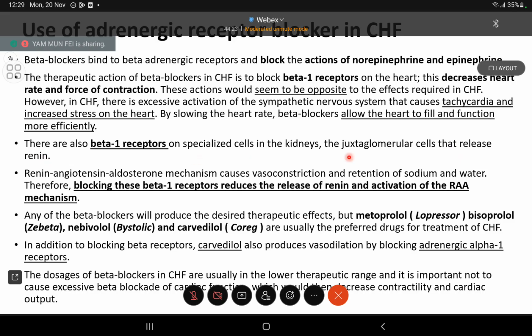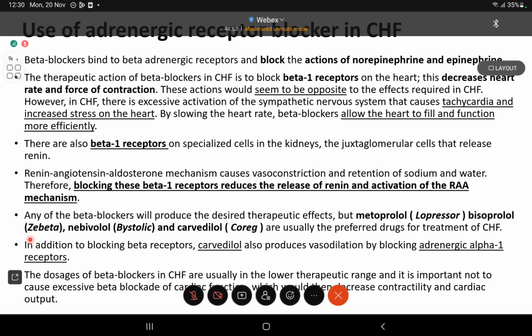So if you are able to block the beta receptor found in the juxtaglomerular cell, you are able to reduce the production of renin. Okay, so you are going to inactivate the RAA, renin angiotensin aldosterone mechanism. Still remember, renin is a precursor for this RAA mechanism.